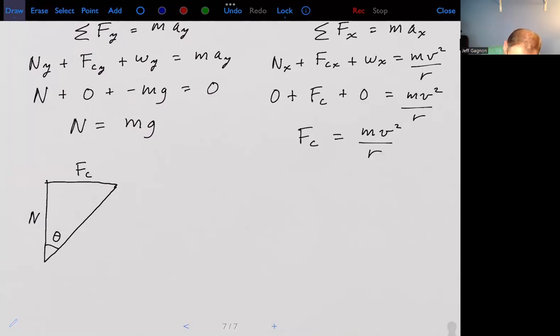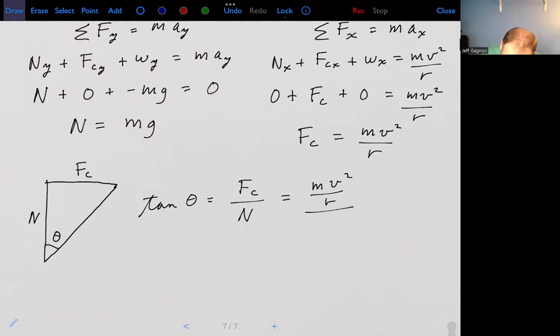So if you use our trig, tan of theta is going to be what? Well, remember SOHCAHTOA? TOA says that tangent is the length of the opposite side, which is FC, divided by the adjacent side, which is the normal force in this case. So it's FC divided by N. Well, FC we just found was mv squared over r.